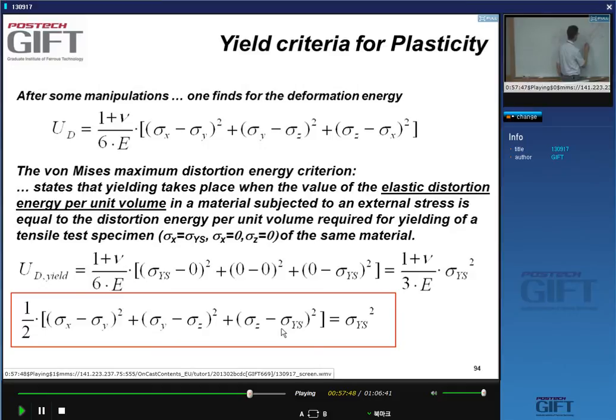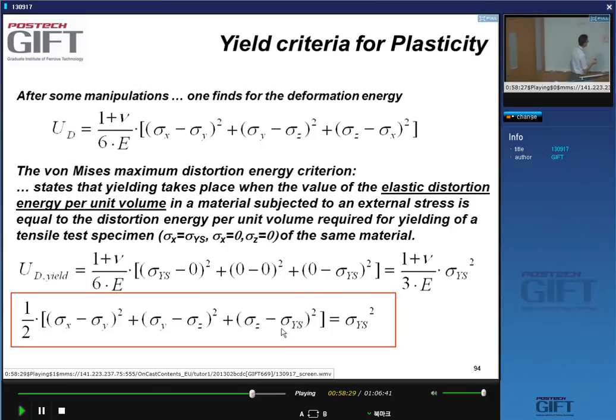The intersection, for situations which we call plane stress situations, the yield surface becomes a yield function in the sigma 1, sigma 3 plane, which is an ellipse.